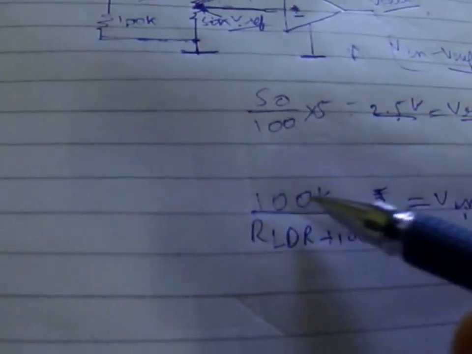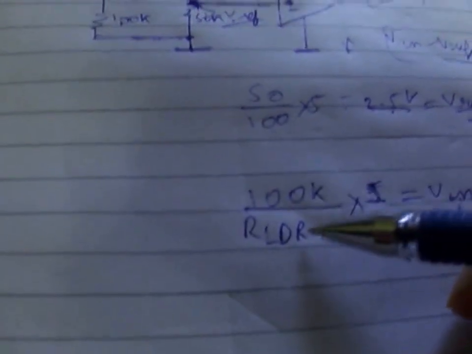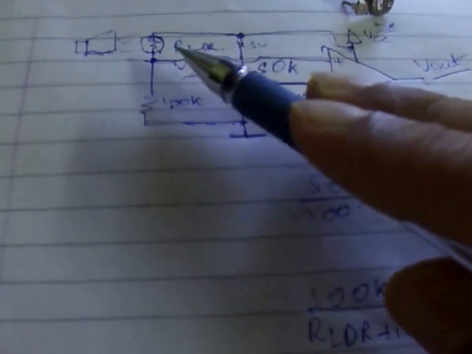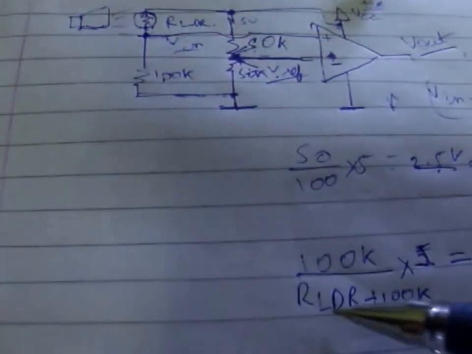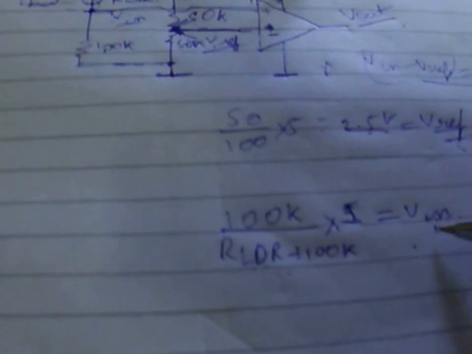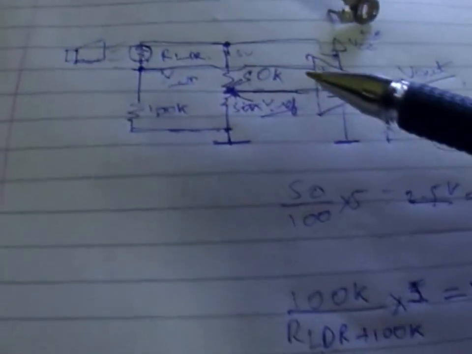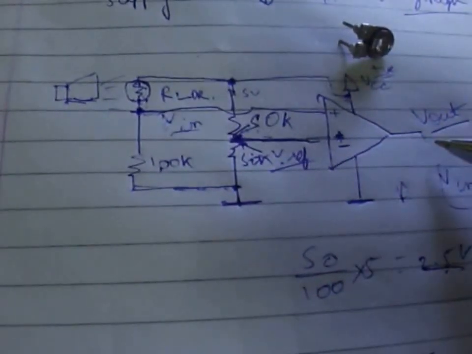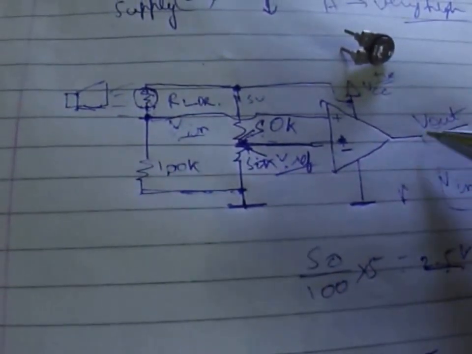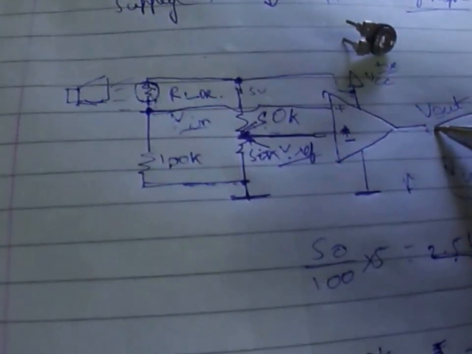So seeing the equation, you can easily understand that if this light is brought nearer to it, that means if R LDR is decreased, then the value of V in will increase. That means if light is brought closer to it, then there will be a greater chance that you will get a higher logic, logic 1 on this V output, that is nearly 5 volts at this V output.